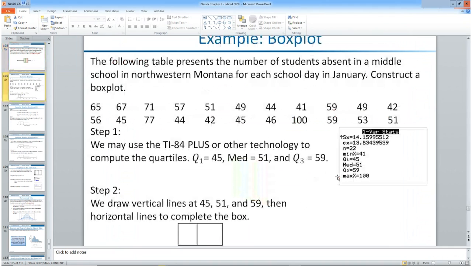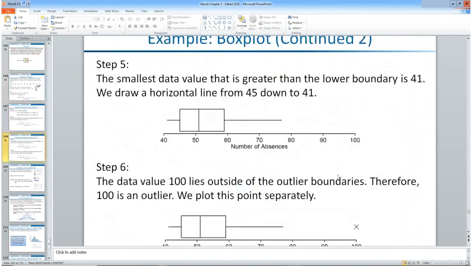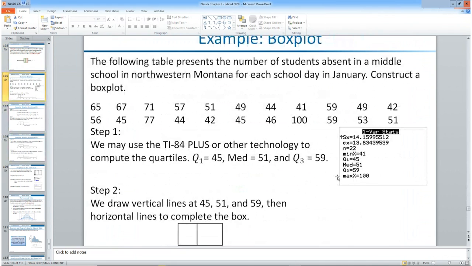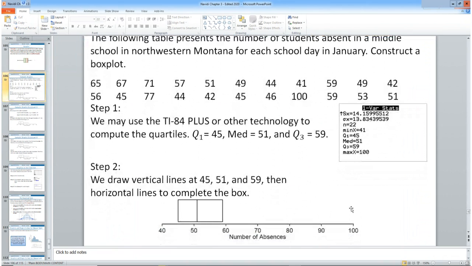So let's go ahead and try to do this step by step. There's a nice little tool in Connect to do this. We have the Q1 and the Q3 already, so the median is just a matter of copying off of here. Notice what they have at the bottom is like a number line, so it's going to be proportional to the values.